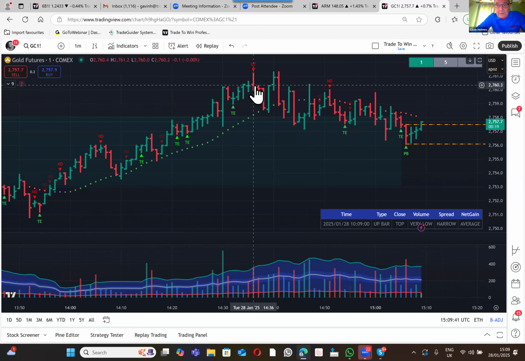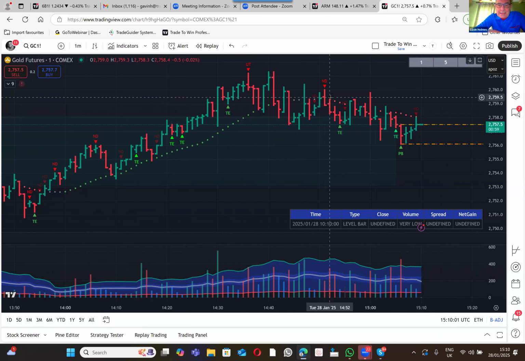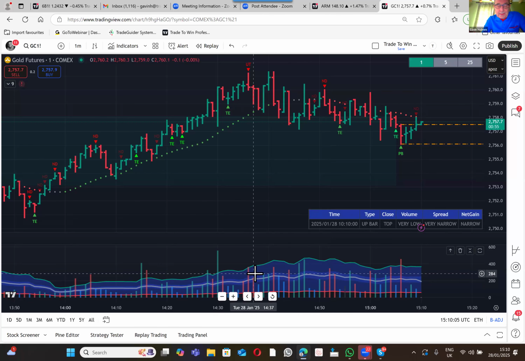Which has appeared a few minutes ago, followed by no demand. Here. Now I've deliberately not put SMI on here for the moment to keep it simple, but we can add it really simple. But look at what the volume is telling you on the histogram down here, which is our new software.